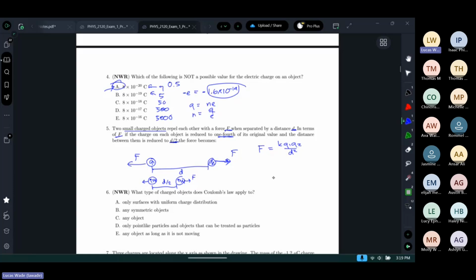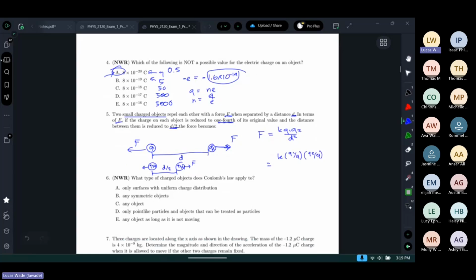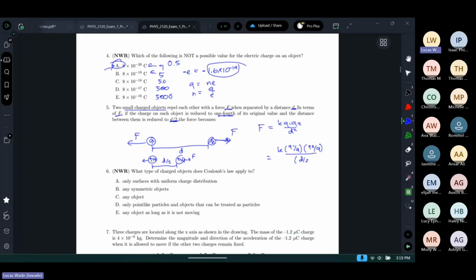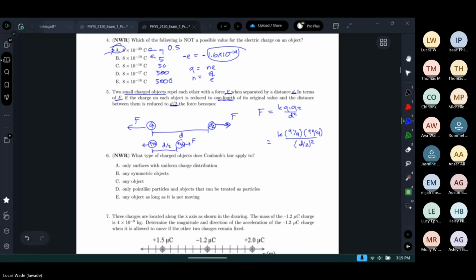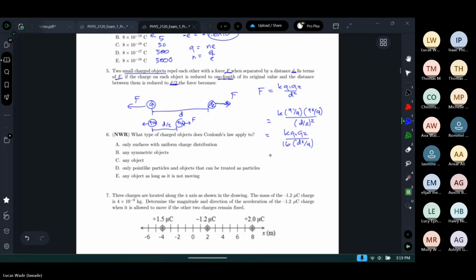I'm comparing that to the new situation where now it's Q1 over 4, Q2 over 4, and D over 2 squared. So that's k, Q1, Q2, the 1 over 4 bits of it, that'll be 16 in the denominator, and then D over 2 squared is D squared over 4. So that's k, Q1, Q2 over 16 over 4 is 4.